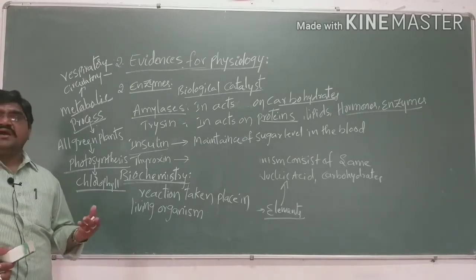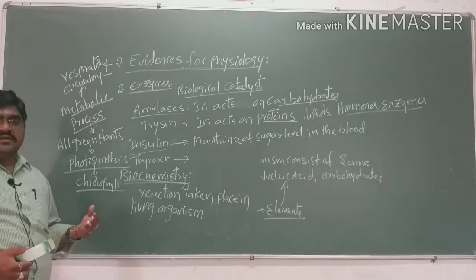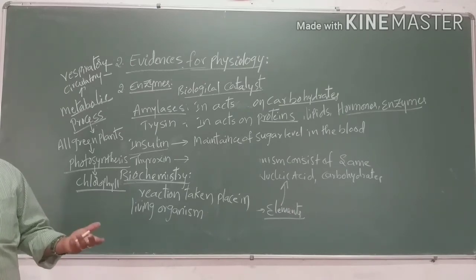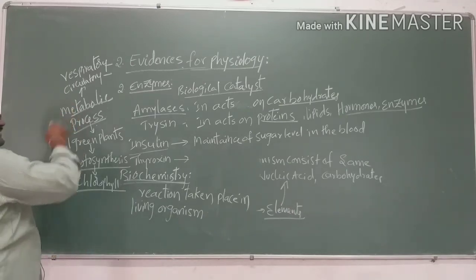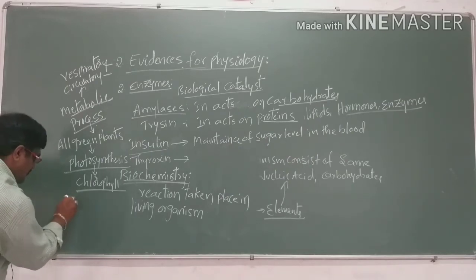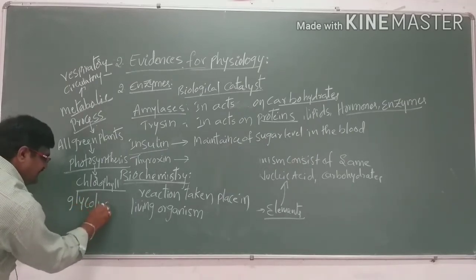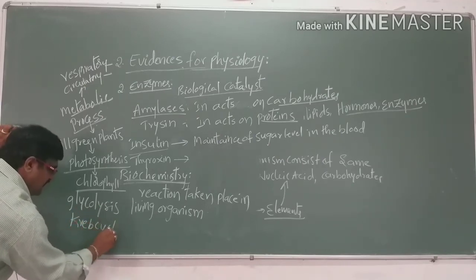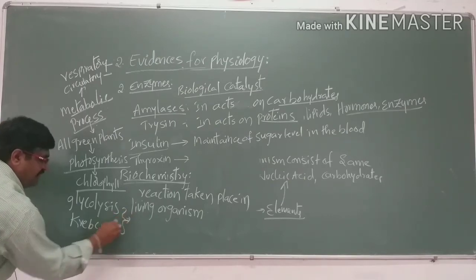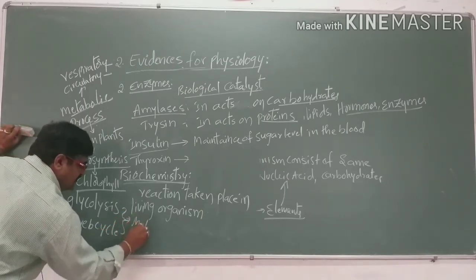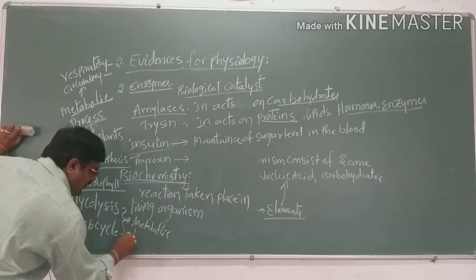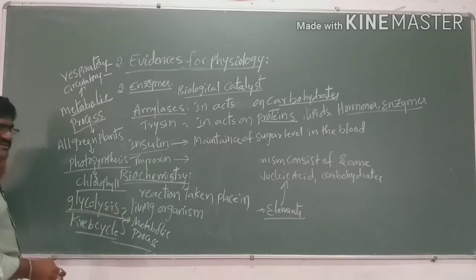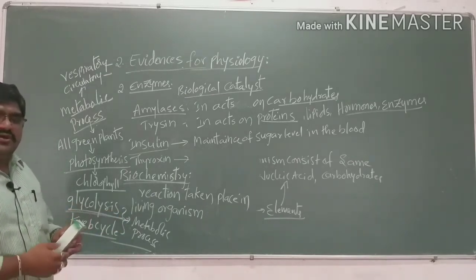Likewise, if you see glycogenesis or gluconeogenesis, or otherwise glycolysis or the Krebs cycle, these are also types of metabolic processes, where the same type of reactions take place in all organisms.